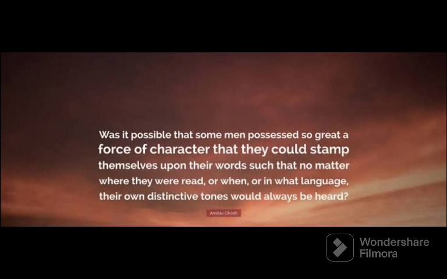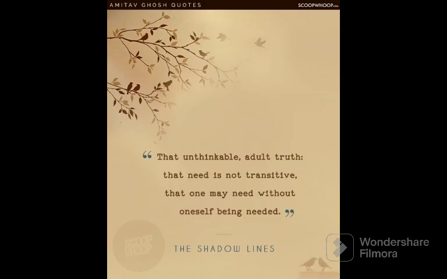Shadow Lines in itself is a symbol which indicates the division of a nation into two or more parts. These lines are invisible, imaginary, and arbitrarily drawn by politicians. Hence, they are shadow lines.